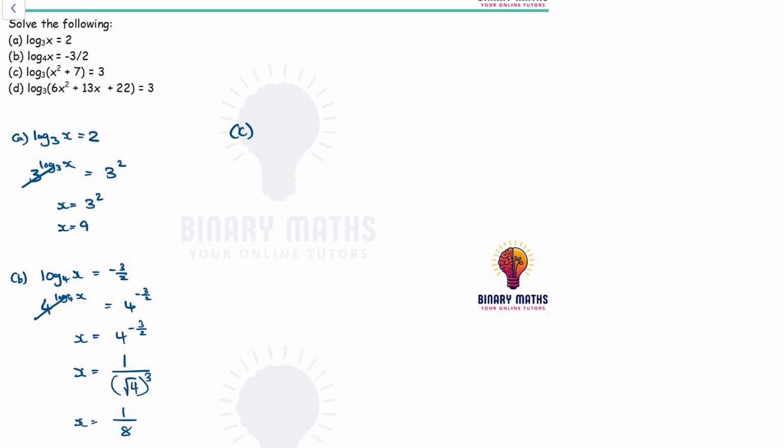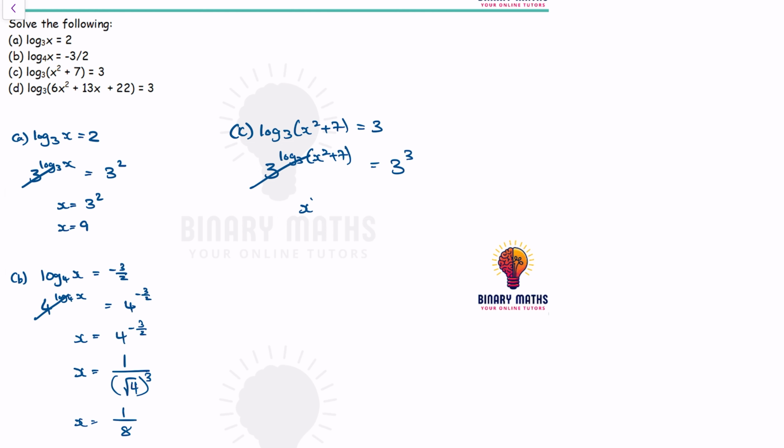Now I've got log base 3 of x squared plus 7 is equal to 3. Because it's log base 3, I need to take 3 to the power of both sides. So 3 to the power of log base 3 of x squared plus 7 is equal to 3 to the power of 3. These two cancel out.